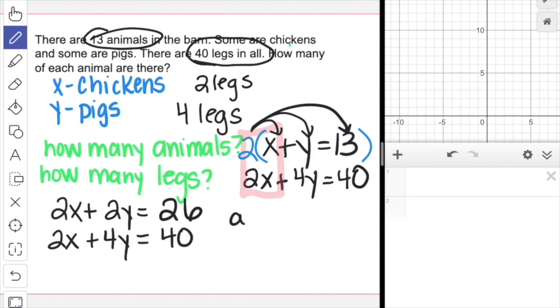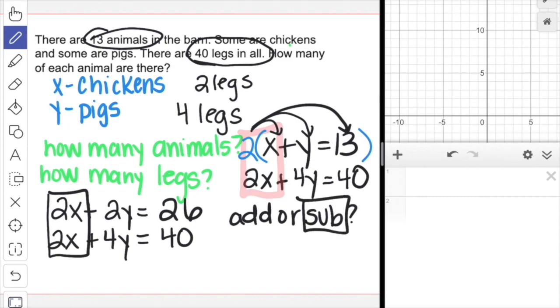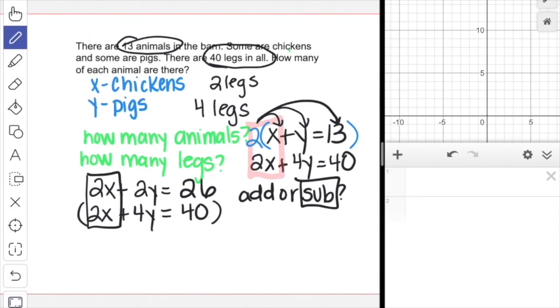So you need to decide, do we add or subtract? If we're eliminating the 2x's, the only way to eliminate is to subtract. So we're going to do subtraction here. All right, so I have 2x minus 2x.